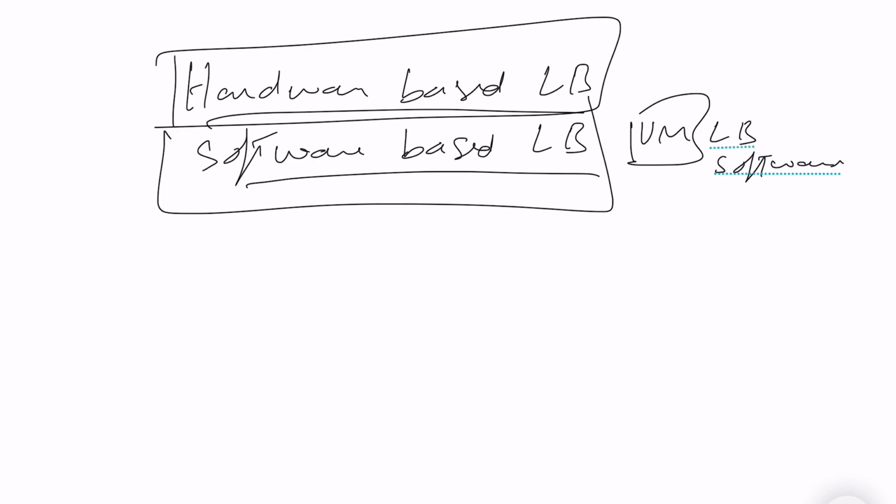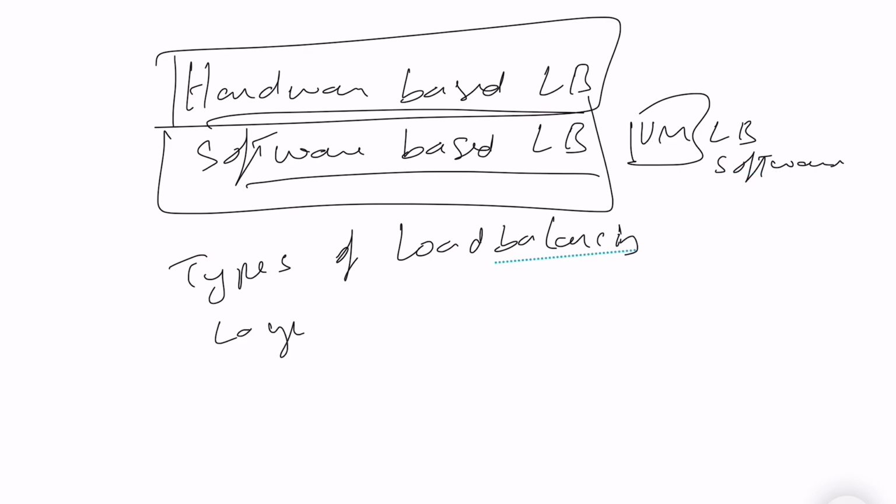If we talk about types of load balancing, there are two. One is layer 4 load balancing. That means, when I told you that this is an LB, there are requests coming in.